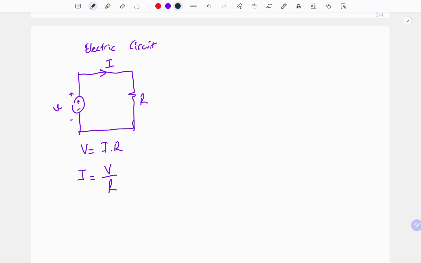What about the magnetic circuit? If we create an analogy between them, first of all, we also have a source. Why? We have a winding at some point of the core, and the process will start from this winding source.